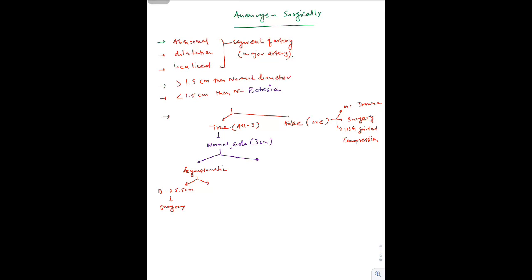But if the person is having diameter less than 5.5 centimeter, then we will do ultrasonography, we will do CT, and we will follow the wait and watch approach for the next 6 months.